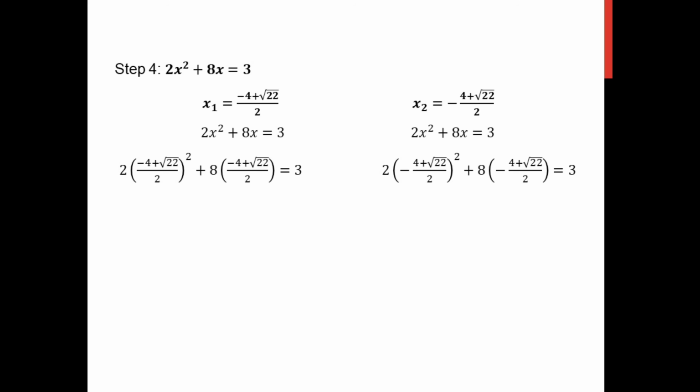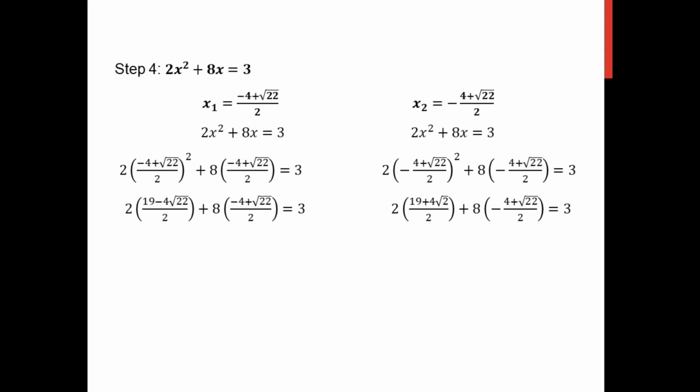And in our x sub 2, we have 2 times the quantity of negative 4 minus square root of 22 over 2 squared, plus 8 times the quantity of negative 4 minus square root of 22 over 2, is equal to 3.